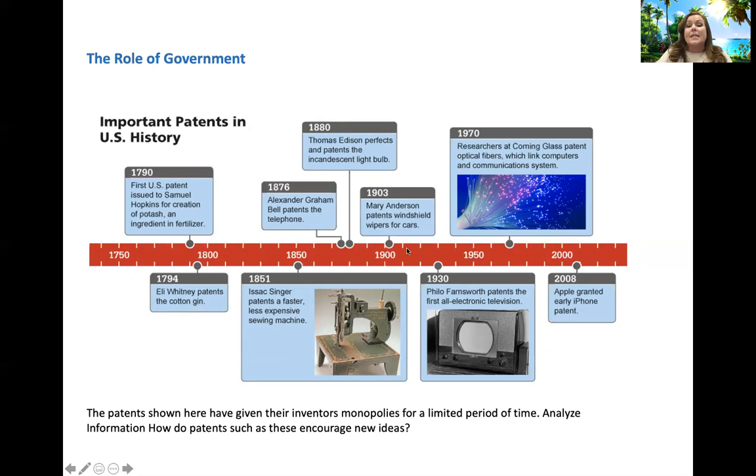This one in 1903, I love this one. This one really piqued my interest because it said Mary Anderson. And Mary has been a man's name in some places. And so my first thought is, that's got to be a guy. Why? It's 1903. Women did not have a lot of rights back then. Couldn't even vote.